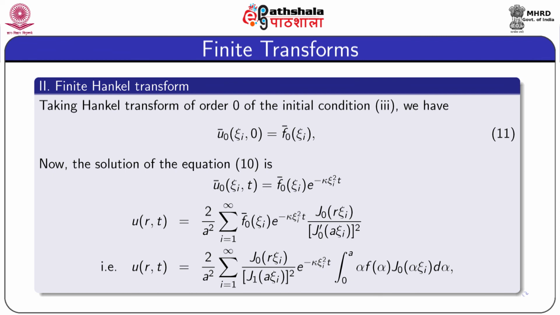So, this is our required solution, but here f0 bar is nothing but the finite Hankel transform of the function f. If you substitute that value, we get the required solution which is written in the last line of this slide.